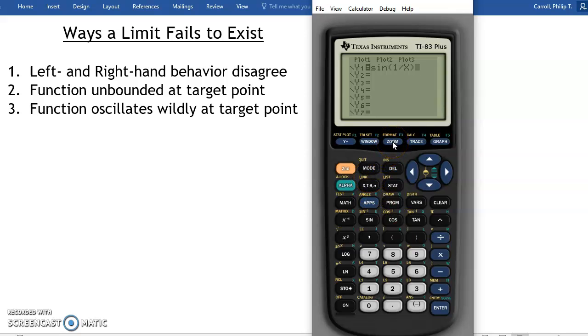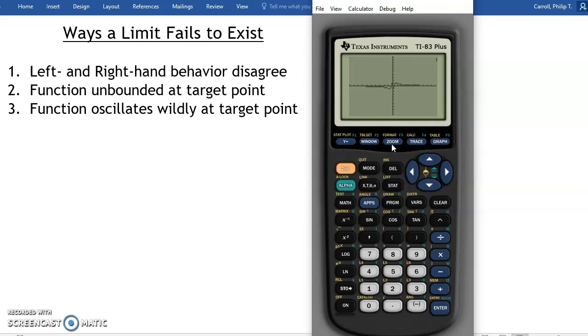One, make sure you're in radian mode. Remember, we've talked about that before. Mode, radian, learn it, live it, love it. Before we look at a zoomed in graph, I'm going to go back to the standard window, negative 10 to 10 in each direction.